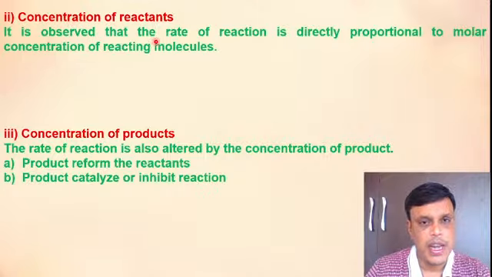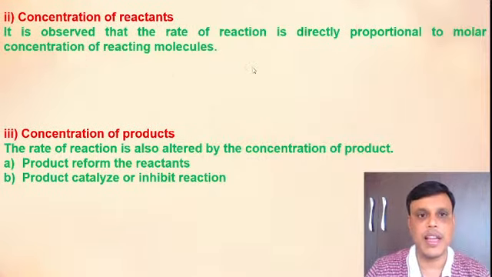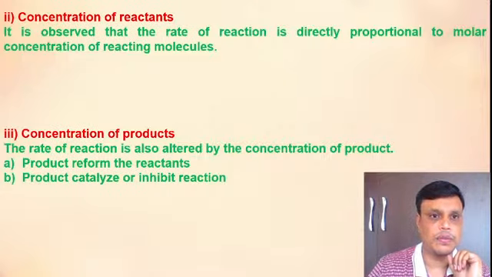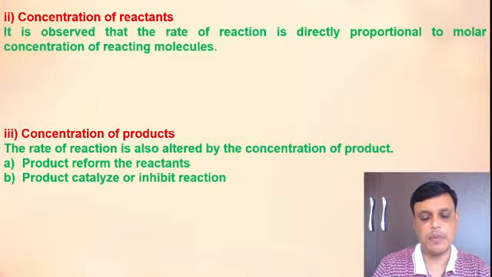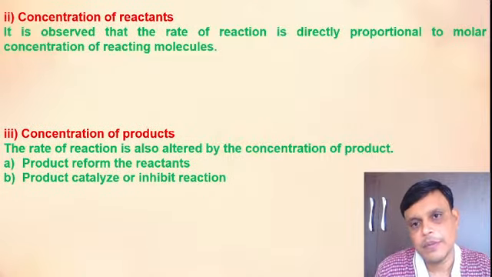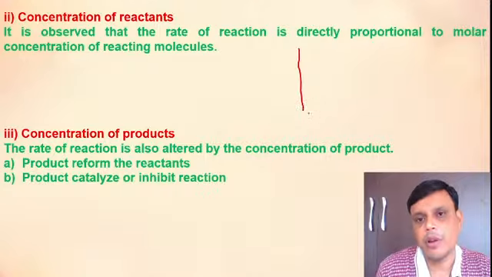It is observed that the rate of any chemical reaction is directly proportional to the molar concentration of reacting molecules. For example, if you see here, I will plot a graph here.